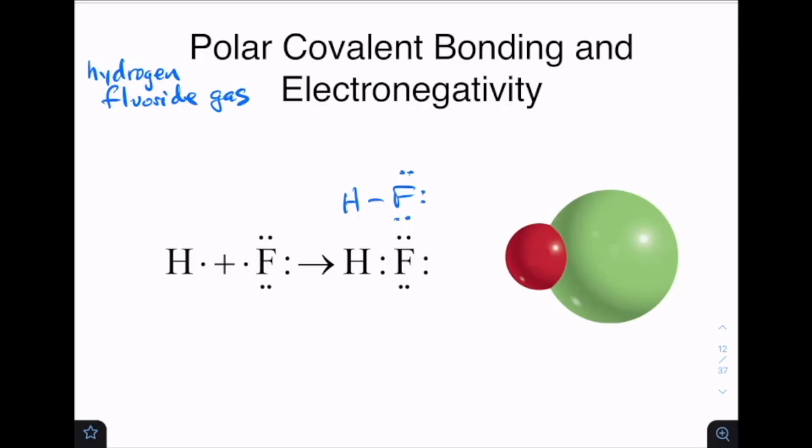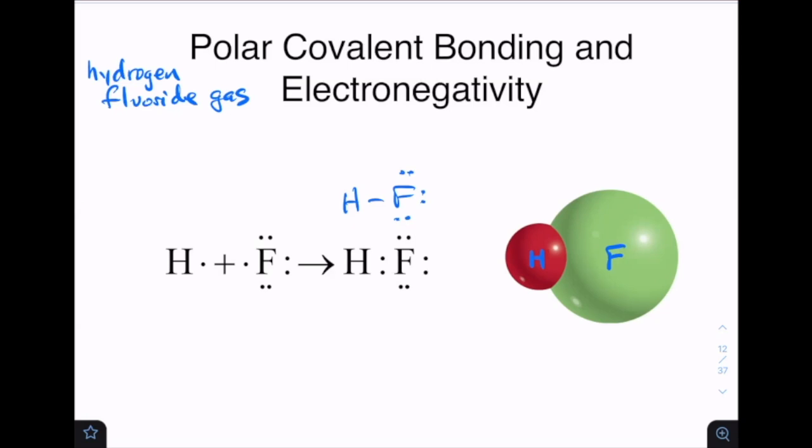Now, here's our space filling diagram. So imagine that all the electrons are floating around in there somewhere. So here is the nucleus for hydrogen, and here's the nucleus for fluorine. Now, fluorine is a larger element than hydrogen is, so we expect the atomic radius to be greater. But if we imagine over this, what's the distribution of those shared electrons, right?